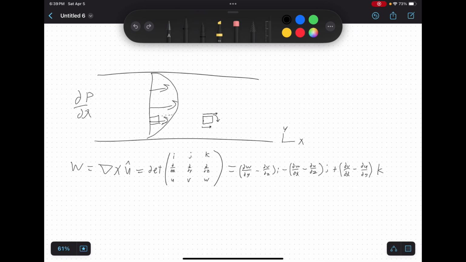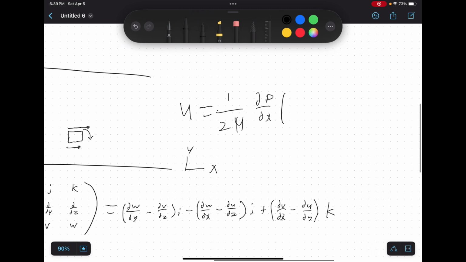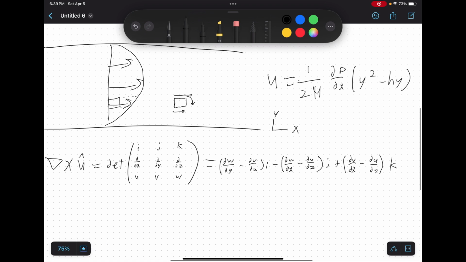So if you do it with this method, you end up with the equation using Navier-Stokes of 1/2 mu dp/dx times y squared minus hy.